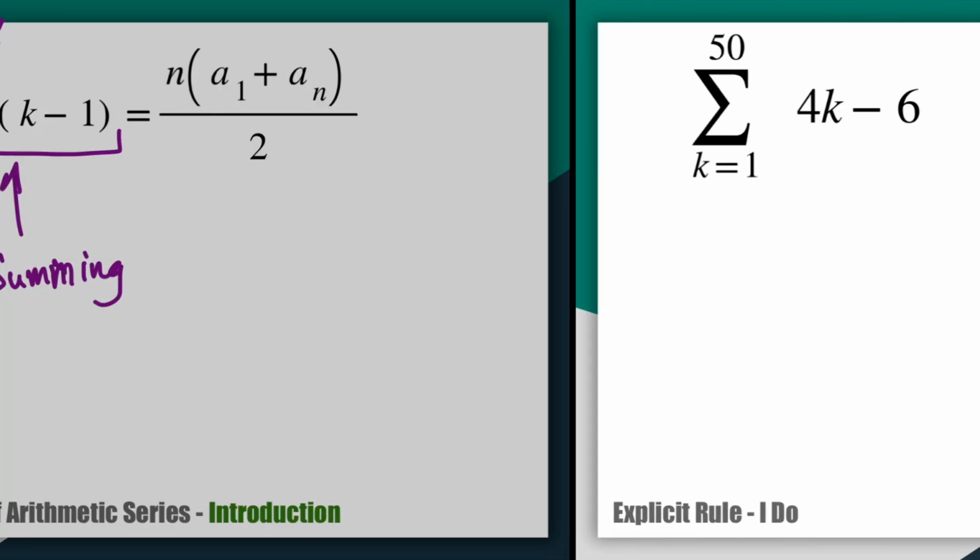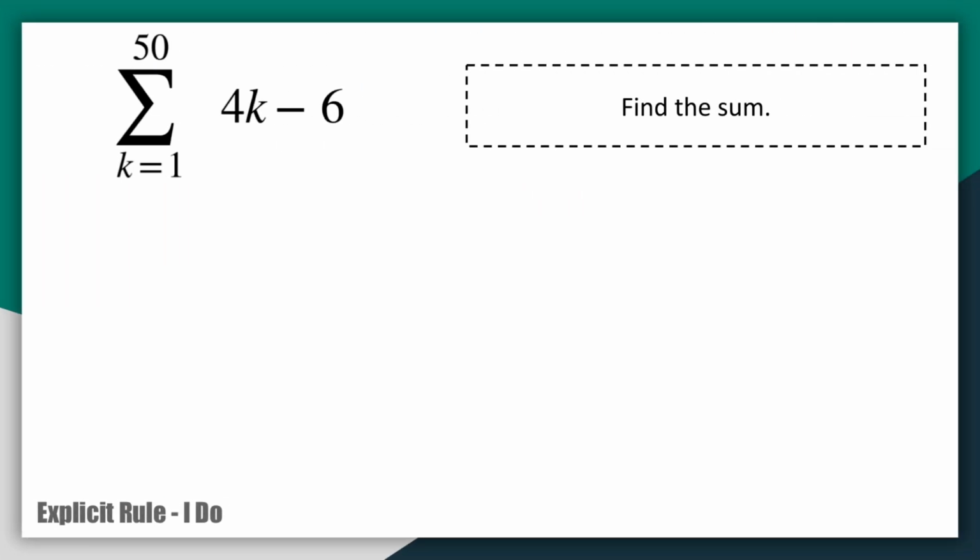All right, let's go to the next one here, and let's give that a try, okay? So, let's run this over. We're summing, we're starting at 1, we're going to 50, okay? We need our formula, which is n times a of 1 plus a of n divided by 2. So first term plus last term, multiplied by how many terms, divided by 2, okay?